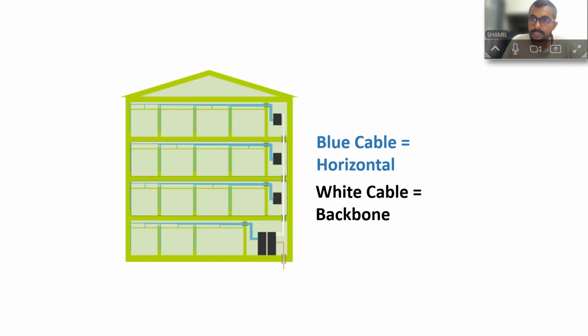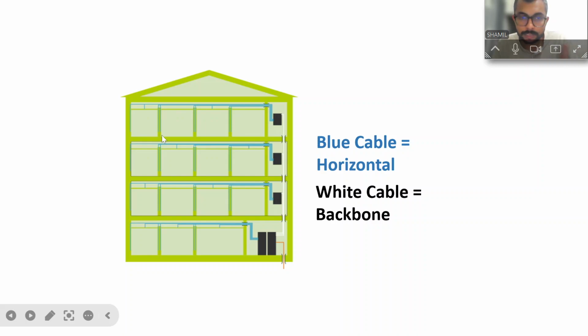We normally search for an RJ45 port, pull a cable from there and connect it to the CPU. That is the connection we see from our end. But in the back end, there is actually another cable going from the RJ45 port near your equipment to the local floor telecom rack, which is present on the same floor as your equipment. Suppose your equipment is in this particular room where my cursor is.